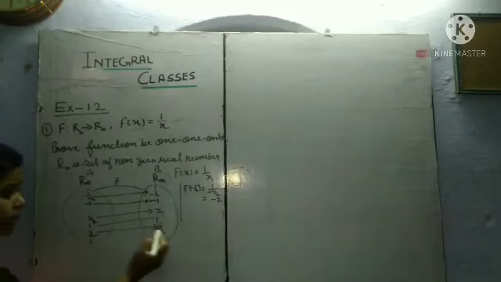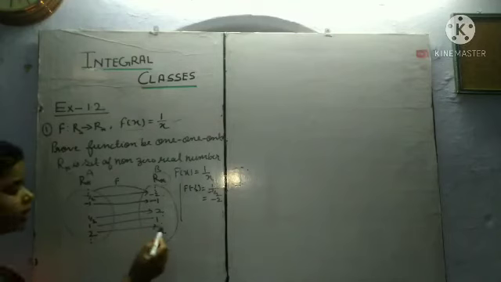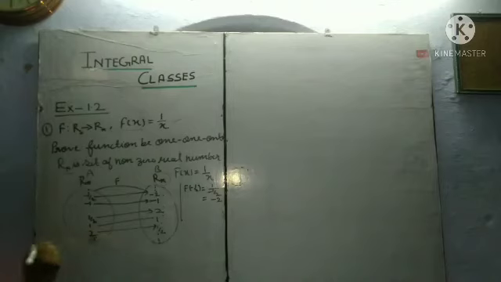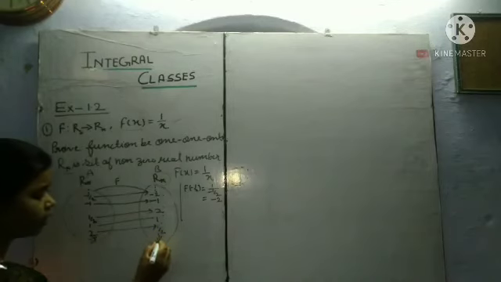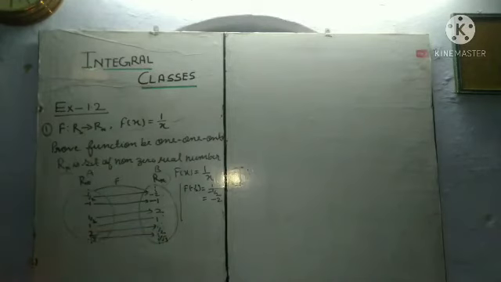So, student, as we observe, if we put a fraction, we get an integer, and if we put an integer, we get a fraction. Suppose we put √3, then we get 1 upon √3.